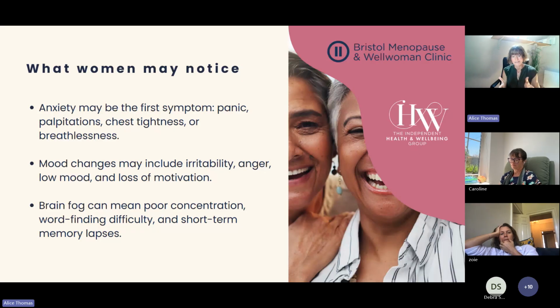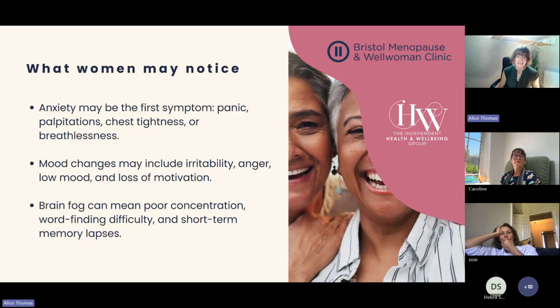So even in women who are still having fairly regular cycles in the perimenopause, you can get this worsening of PMS symptoms that start to spill out into the rest of the month. And sometimes you have months that are worse than others, but that can often be the first stage.